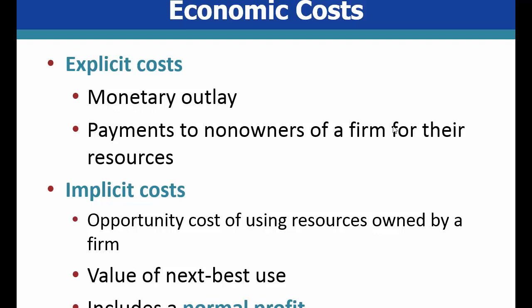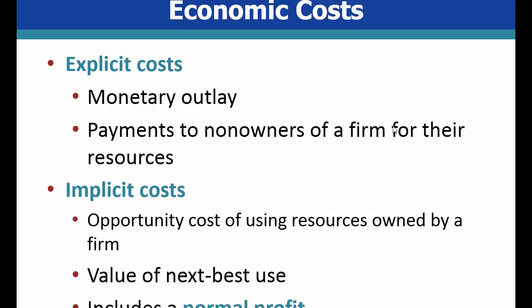Another example would be my salary. Say I'm working at a flower shop in Poplarville or in Gulfport, working at 1-800-Flowers, and I'm making $50,000 a year. This is my fictitious job.